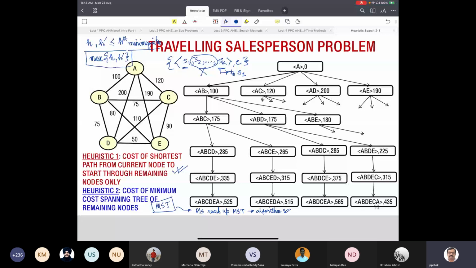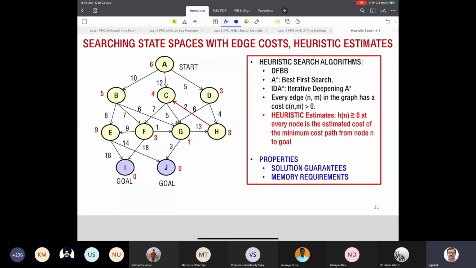So now, having understood heuristics and what our problem goals are, we have not only edge costs, but at every node, marked in red in this figure, we also have a heuristic estimate. So now our graph to search has edge costs.